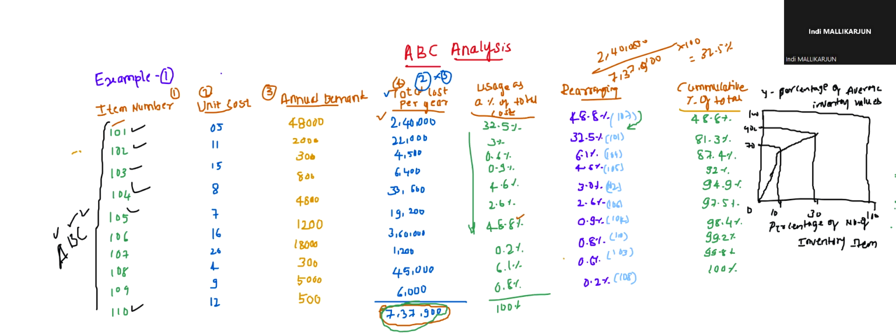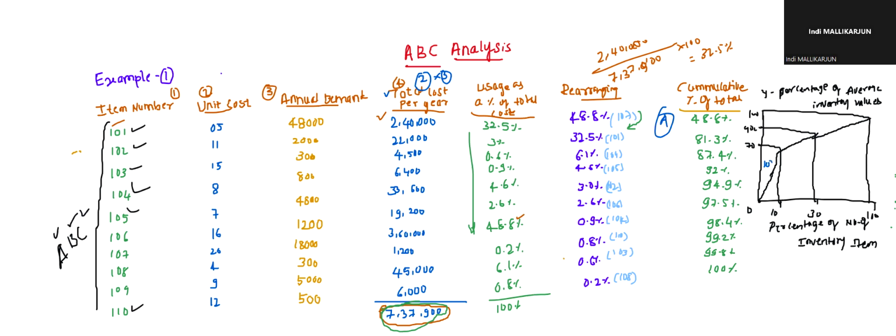Now you have to write which item belongs to which category, right? As I said, A means the cumulative cost for the material is high, right? Which belongs up to 70%, that is our A, which is here, up to 48 is there. Above this 80% is there. So category A means 48.8%, item number 107.